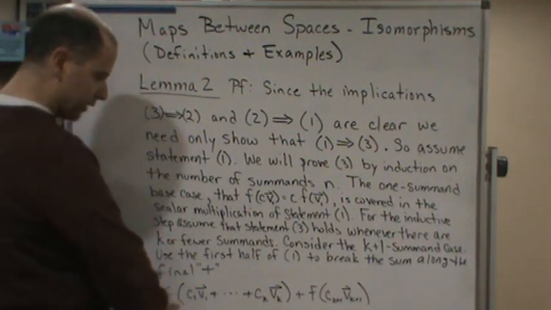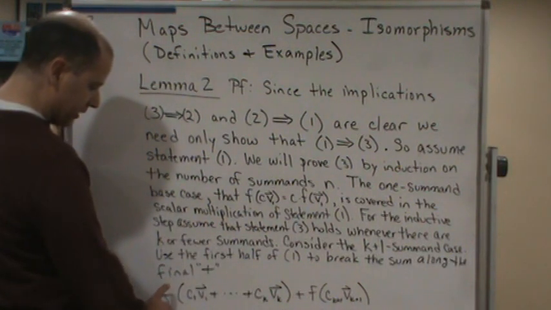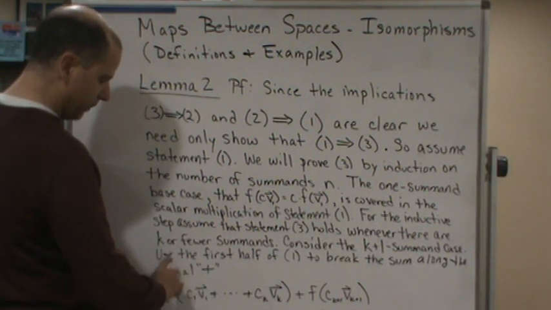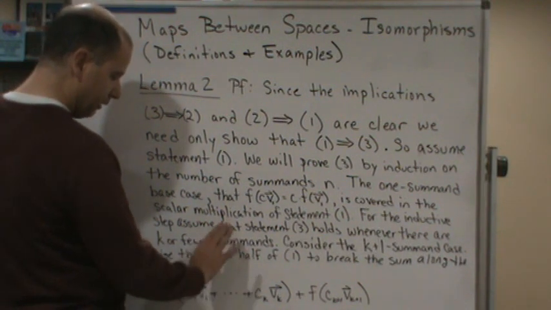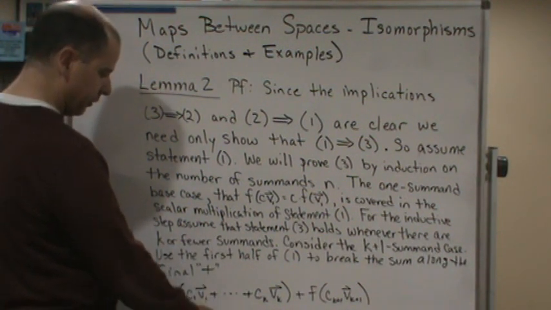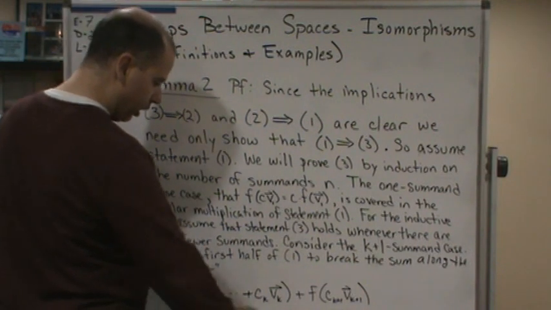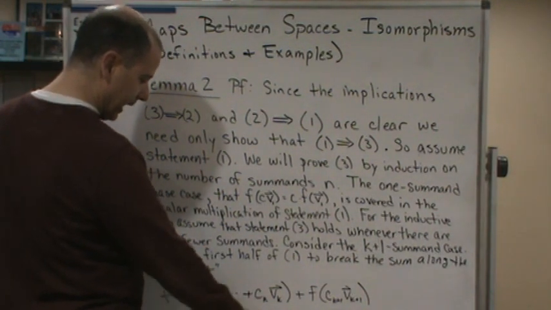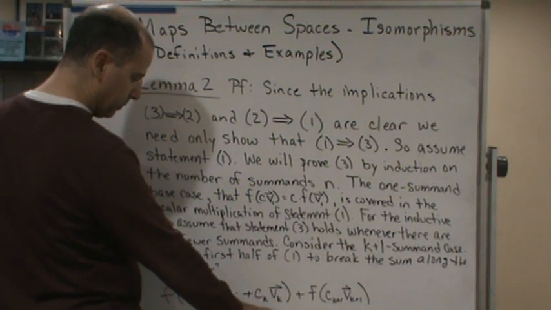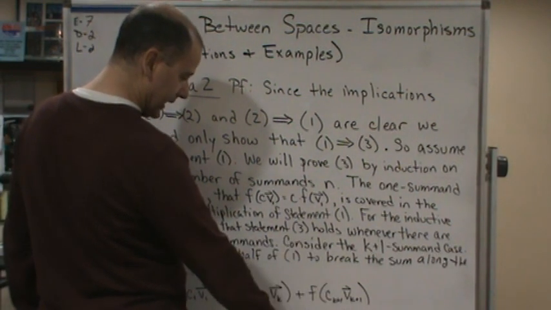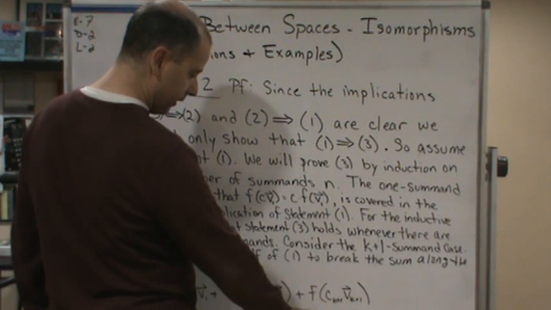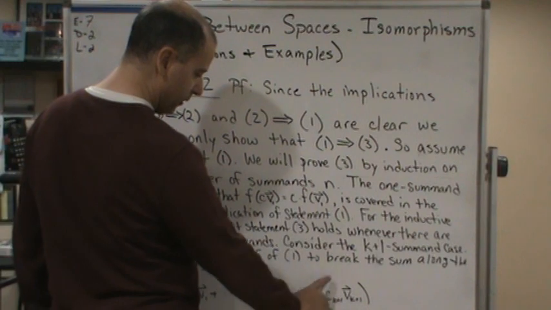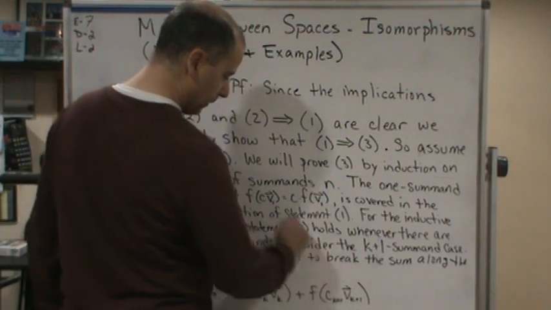So what you end up with is C1 times f of V1 plus C2 times f of V2, all the way to Ck times f of Vk, plus C sub k plus 1 times f of V sub k plus 1. Why?